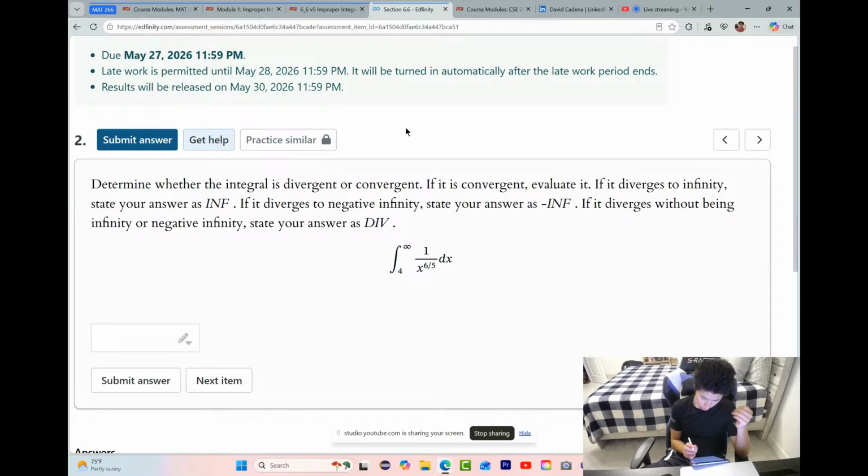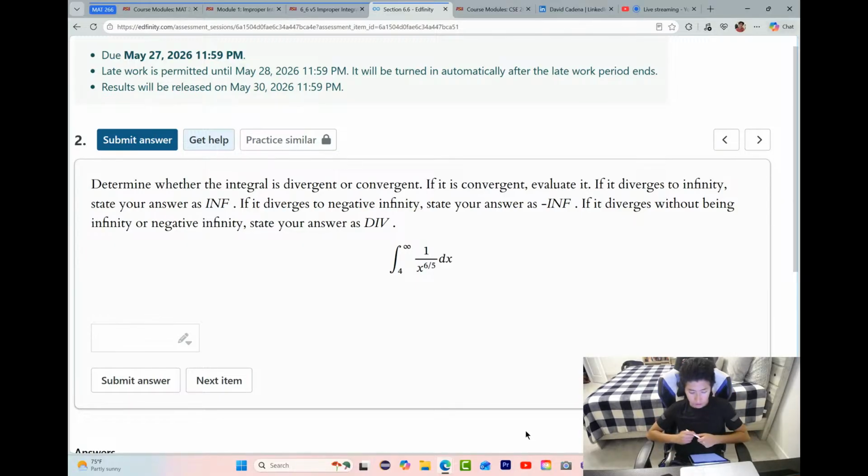What is 1 over negative 1 over 5? Dividing by a fraction, dividing by something is the same as multiplying by its reciprocal. So that's negative 5. So negative 5 times x to the power of negative 1 over 5. Let's see if that's correct. You take the derivative of that, you get negative 5 times negative 1 over 5, you get x to the power of negative 6 over 5. Perfect. Looks good to me.